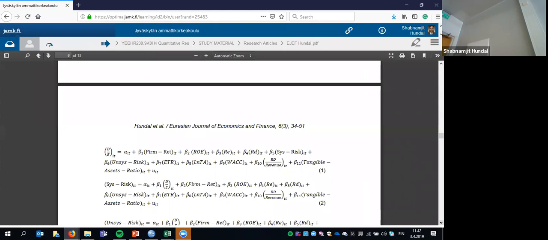These are variables, but these are independent variables. And this is called the dependent variable. So as per this example, your performance is a function of advertisement and innovativeness.